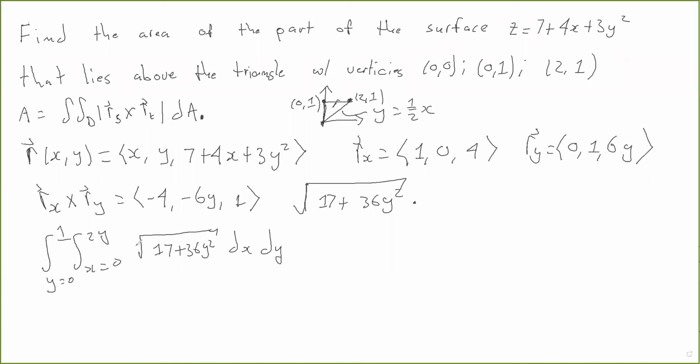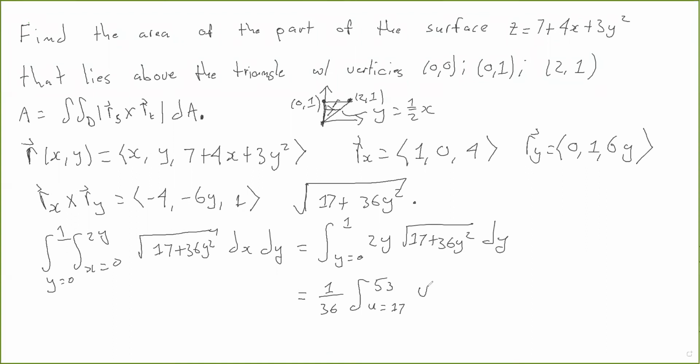Now notice that if we did the y integral first, then we would have to find the antiderivative of the square root of 17 plus 36y squared. It's easier to do the x integral first, in other words, go in this direction. So this is equal to the integral from y equals 0 to 1 of 2y times the square root of 17 plus 36y squared dy. Now we can do u substitution, and after we do that, this is equal to 1 over 36 times the integral from u equals 17 to 53 of the square root of u.